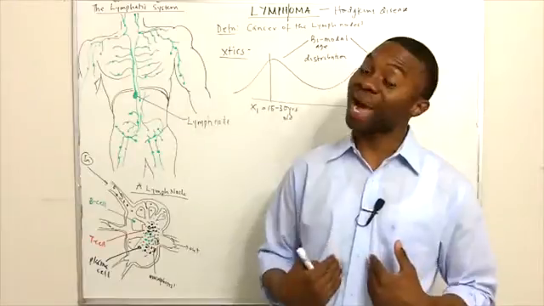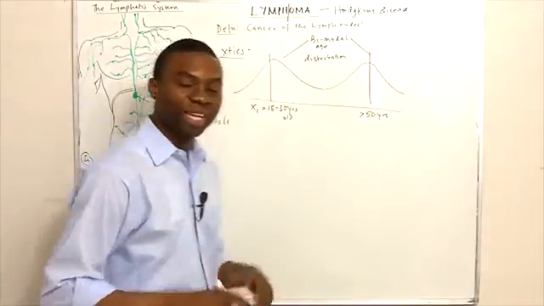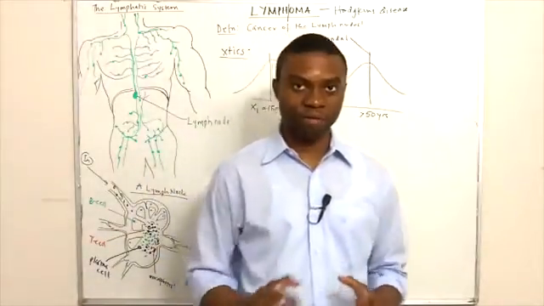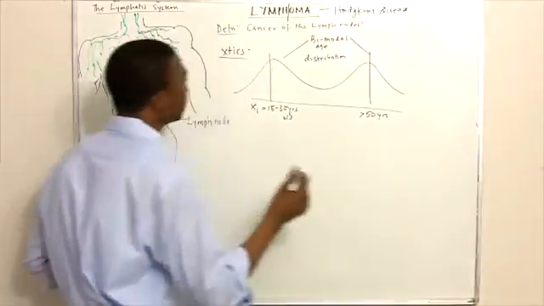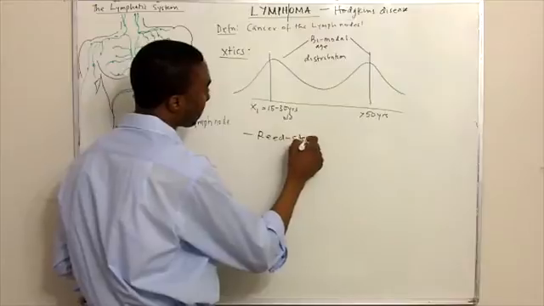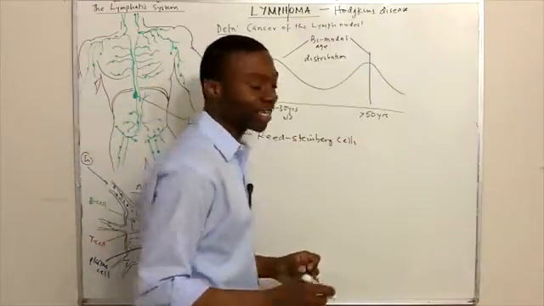The classic cells that we find in Hodgkin's lymphoma are known as the Reed-Sternberg cell. And they look like this.